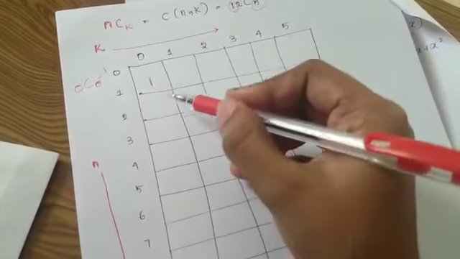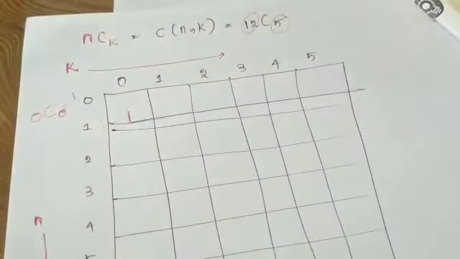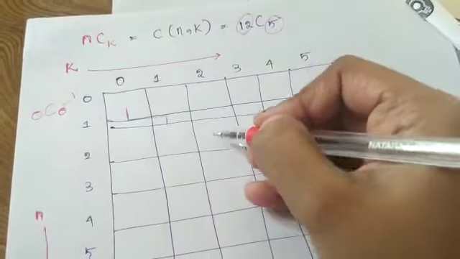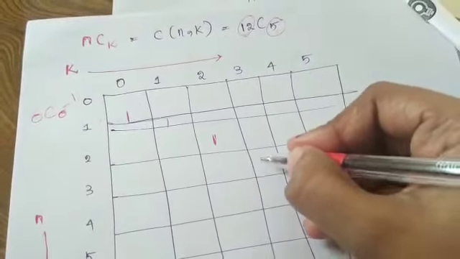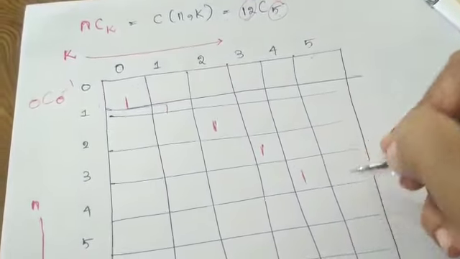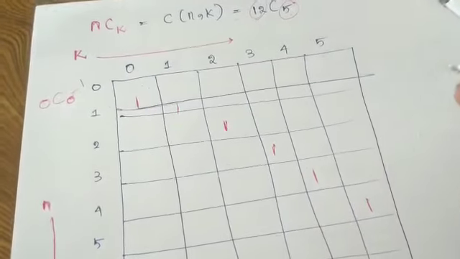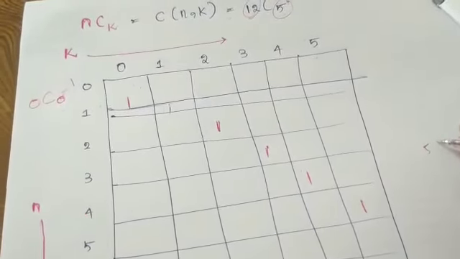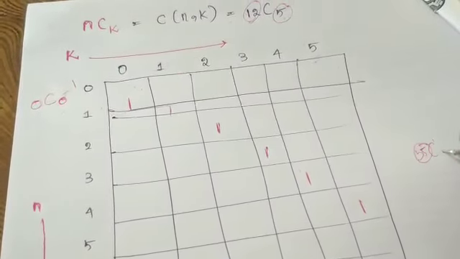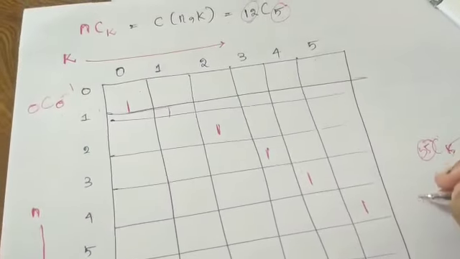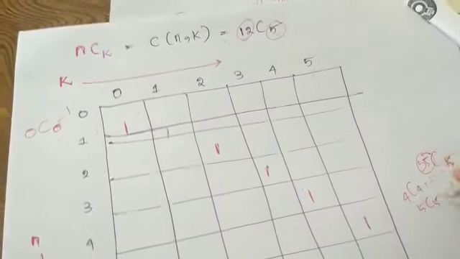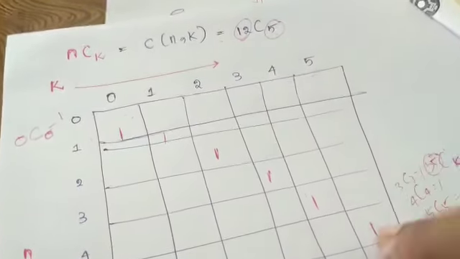So 0C0 will be 1, 1C1 will also be 1, 2C2 will be 1, 3C3 will be 1, 4C4 will be 1 and 5C5 will also be 1. Here 5C5 means n is equal to 5 and k is also equal to 5, so 5C5 is 1, 4C4 is 1, 3C3 is 1.